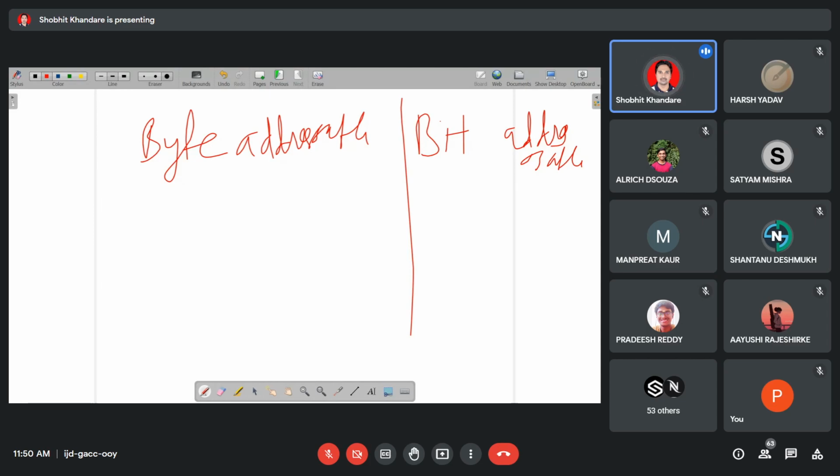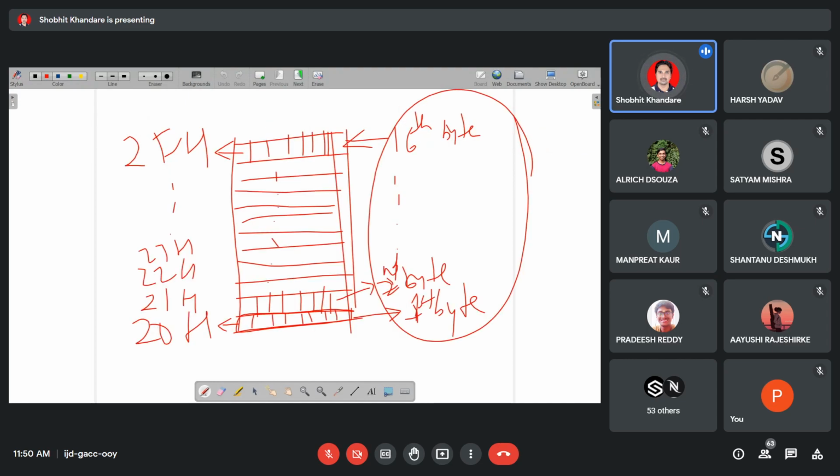to make you understand this, if I am talking about this bit addressable, now here I have drawn 1 2 3 4 5 6 7 8. Okay. Now this total area is called as a bit addressable. इसका मतलब, for example, यहाँ पे भी 1 2 3 4 5 6 7 8 है.